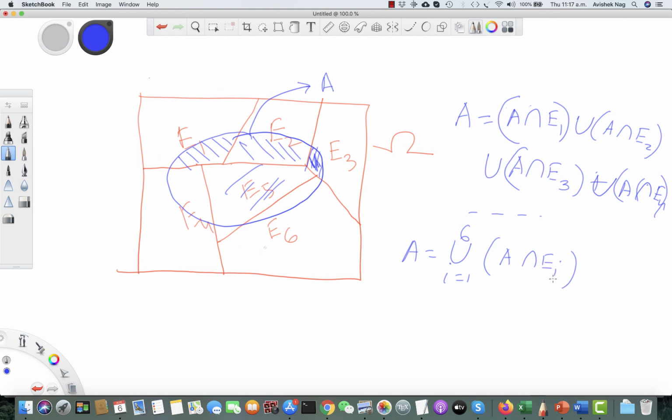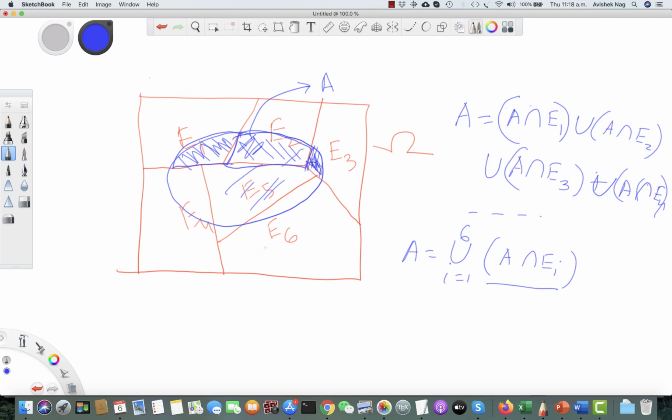You can verify it from this figure. All these areas are mutually exclusive. All these A intersection Ei are mutually exclusive, they don't overlap. This is one, this is another one, and this part is the distinct boundary of A intersection E2.